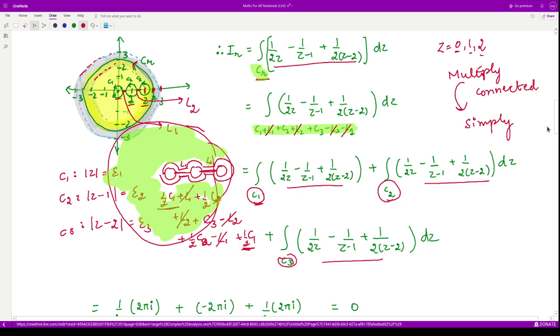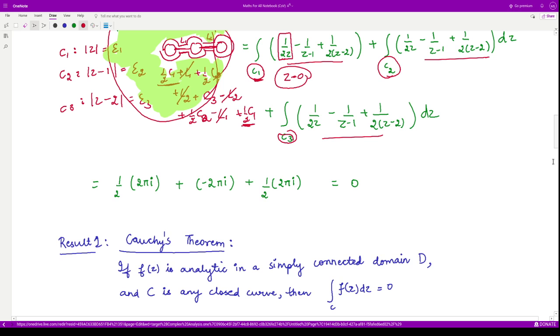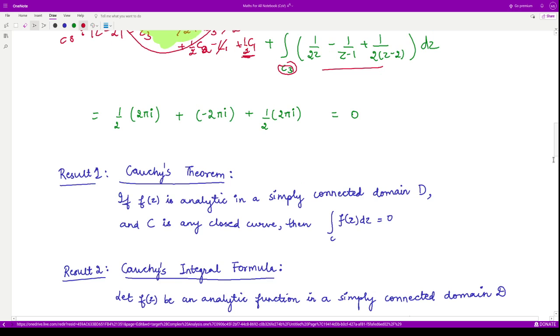Now in order to perform the integration, let us see the case for the first circle C1. In the first circle C1, this function 1 upon 2z is not defined because at z equal to 0 we were having trouble. So for that, we can apply Cauchy's integral formula.